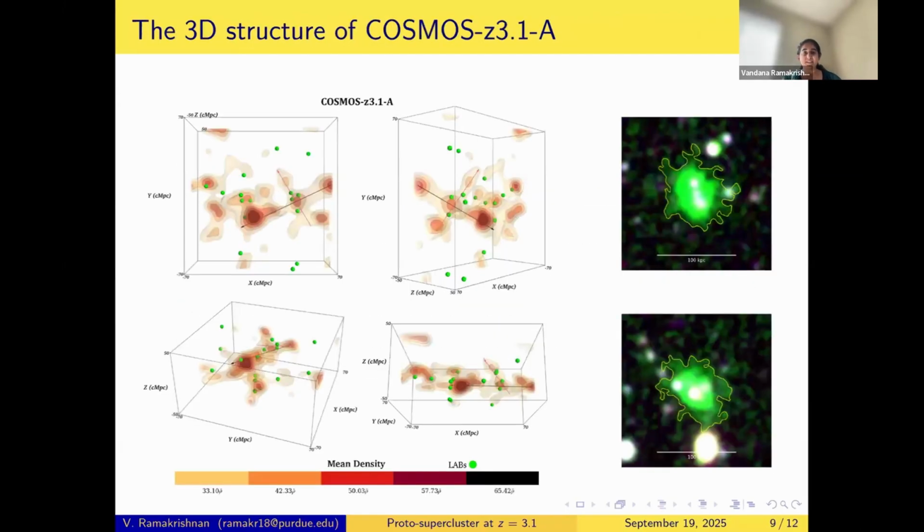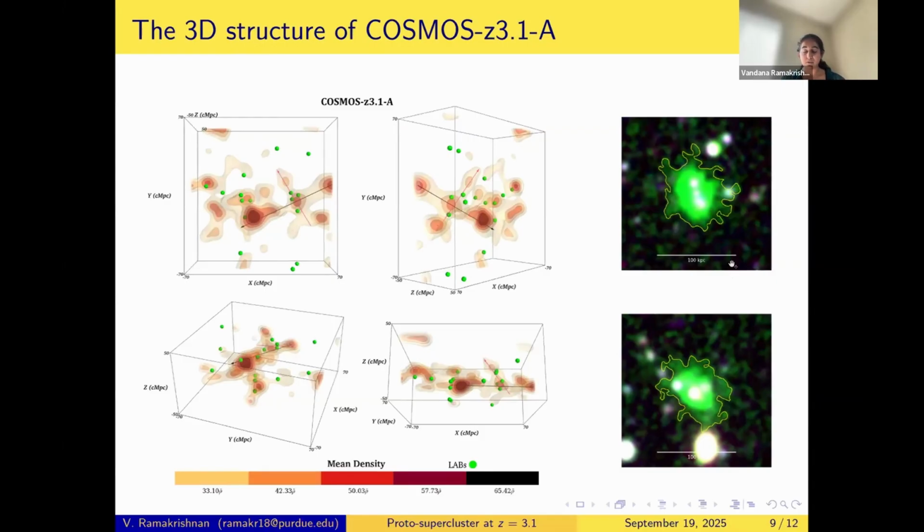So based on our 3D reconstruction methodology, this is the 3D density map which we've obtained for Cosmos Z3.1a. These green spheres within Cosmos Z3.1a, within the 3D reconstruction, correspond to extended and luminous Lyman alpha nebulae, or Lyman alpha blobs, LABs.